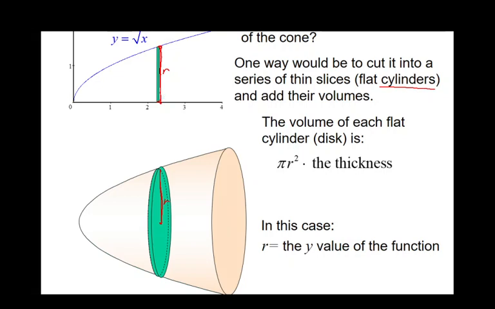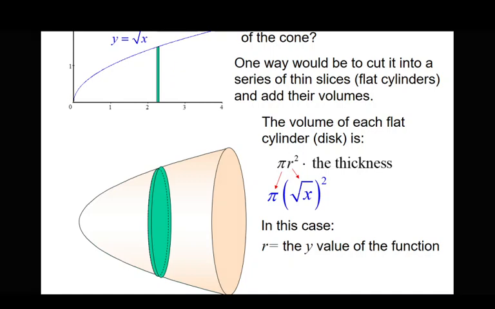Which means our volume ends up being pi times r squared, where r is the square root of x. Now notice, we can still think about it as the function on top minus the function on the bottom. That distance still holds true, because the function on the bottom is 0.